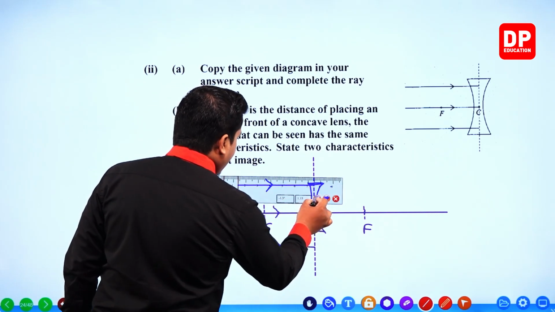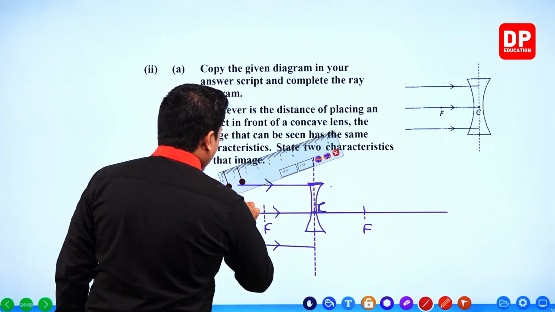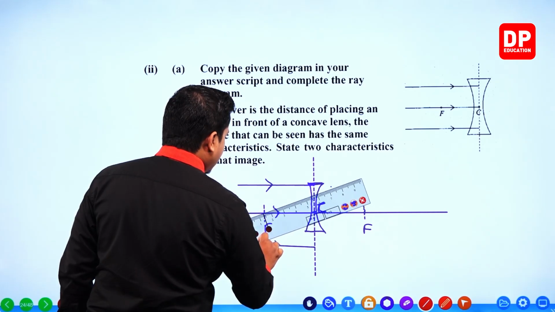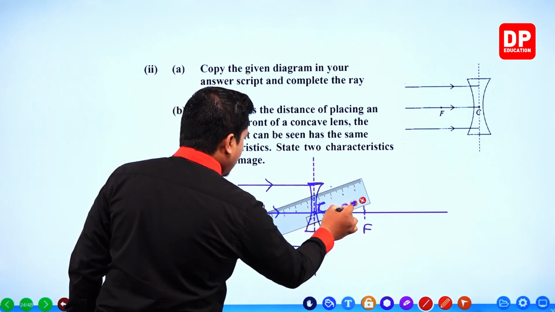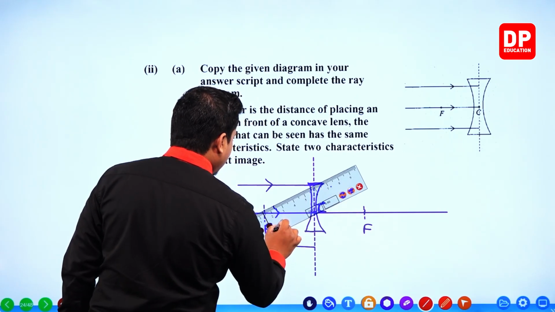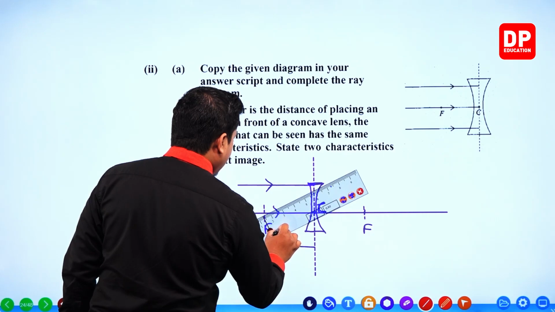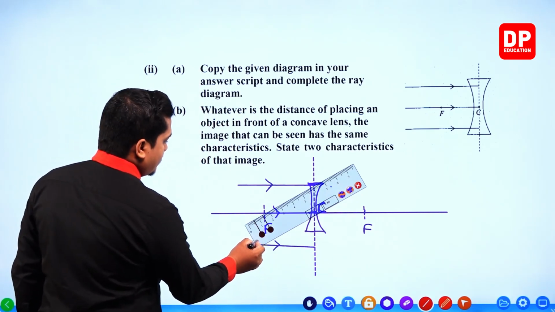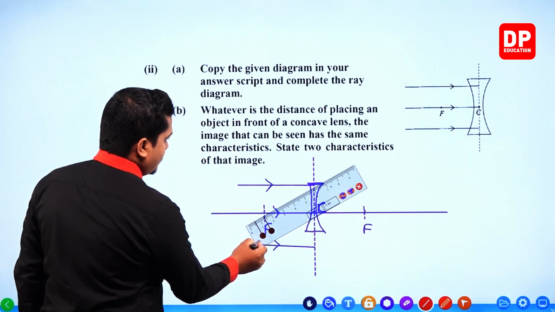Now you need to place the ruler like this, my dear children, so that it passes through the focal point. It's important to pass that line through the focal point like this.